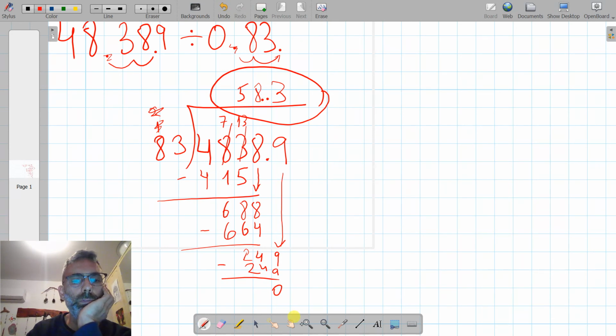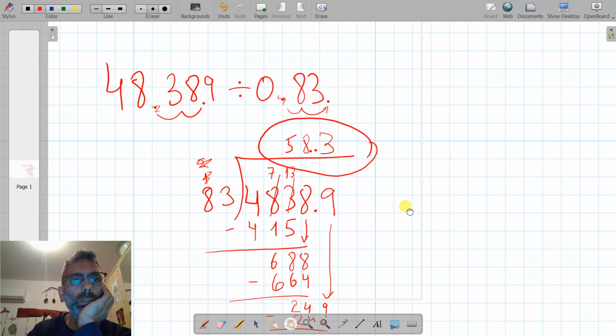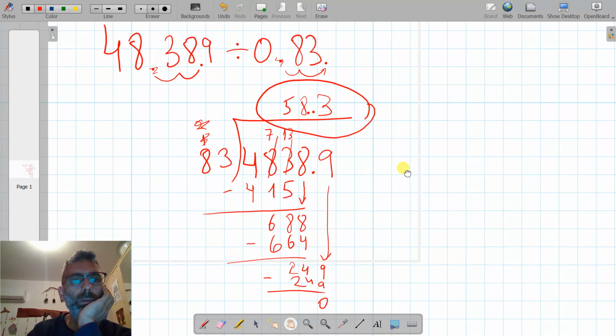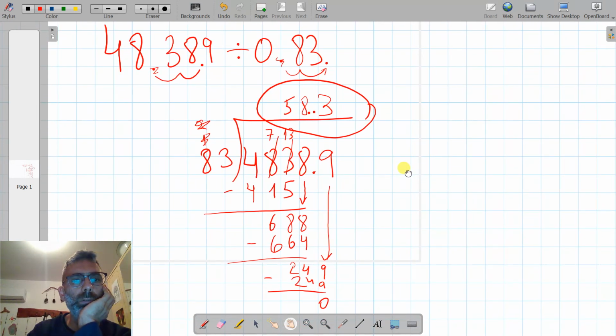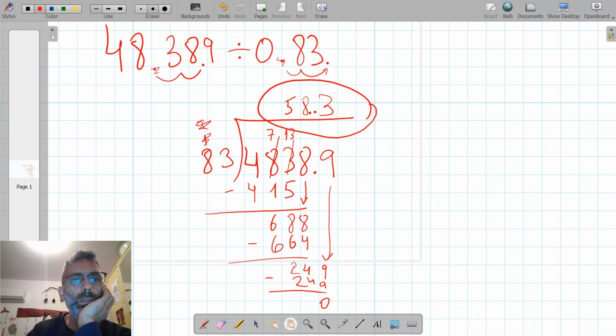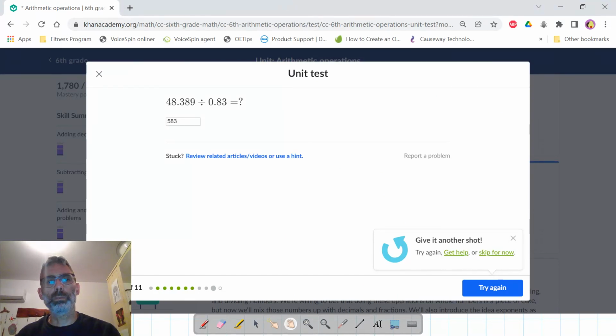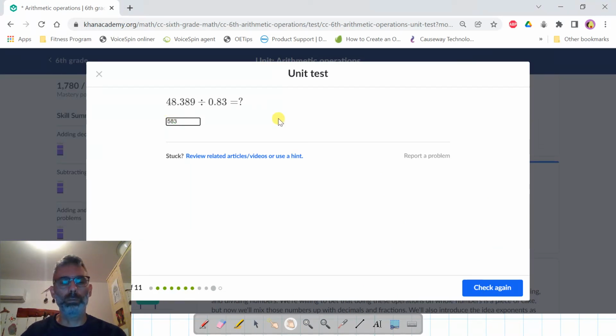And I would have caught this mistake if I tested the result. I needed to do the multiplication to see if I'm getting near to the dividend. Okay, so it's 58.3. Forgot the decimal.